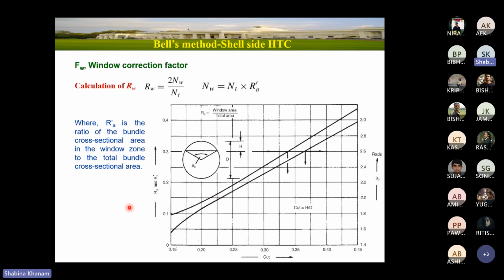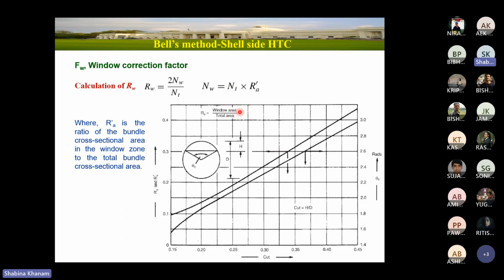So that is basically Ra prime. And if you see here another parameter I am having, which is Ra. Ra is the window area by the total area. So Ra prime is also the area in the window zone by the total area.